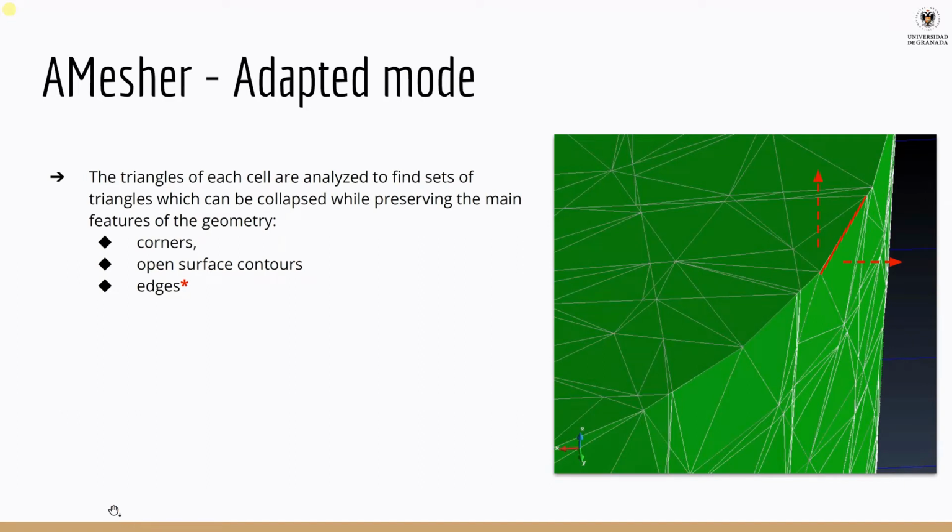In the adaptive mode, the triangles of each cell resulting from the raw mode are analyzed to find sets of triangles which can be deformed while preserving the main features of the geometry. The main features are the corners of the geometry, the contours in the case of open surfaces, and something we have called the edges.